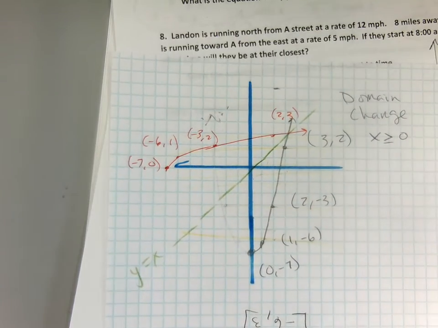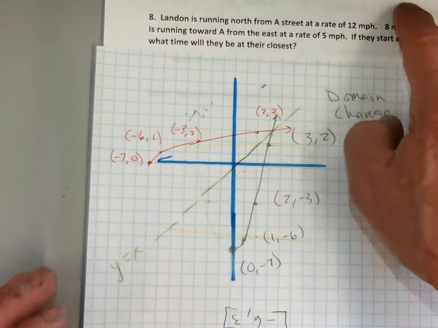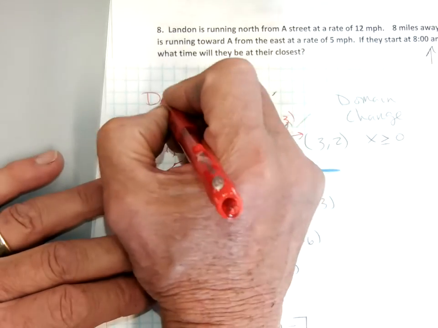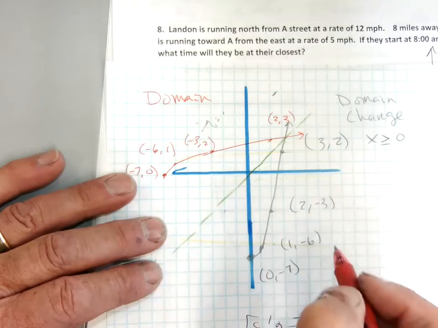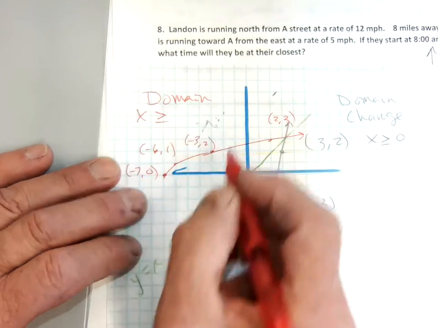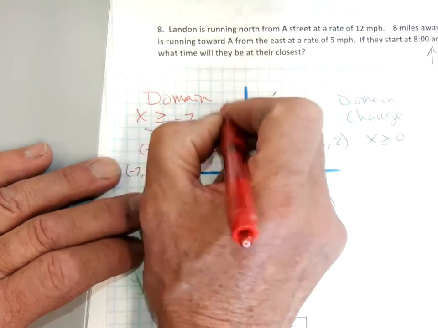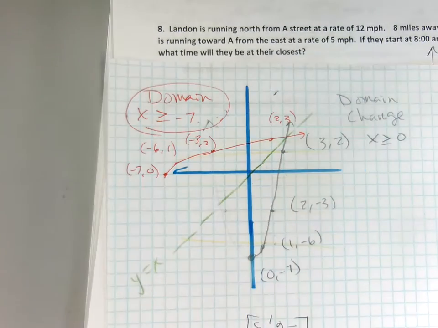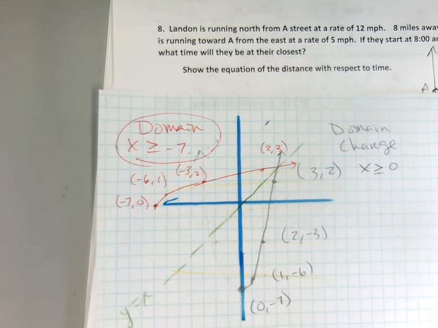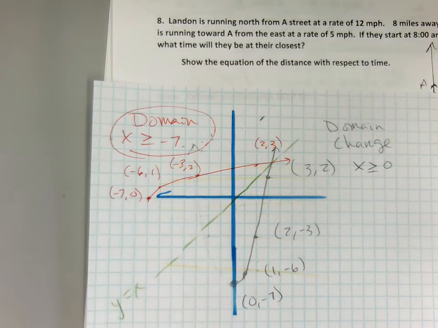Now, if I want the domain of f inverse of x, it's going to be x is greater than or equal to -7. And I want the equation of f inverse of x.